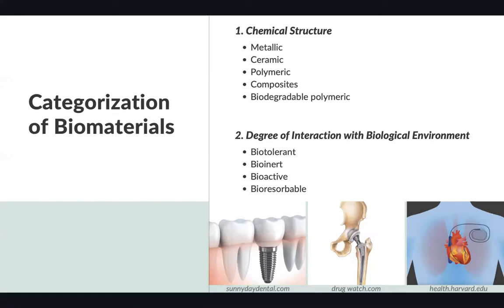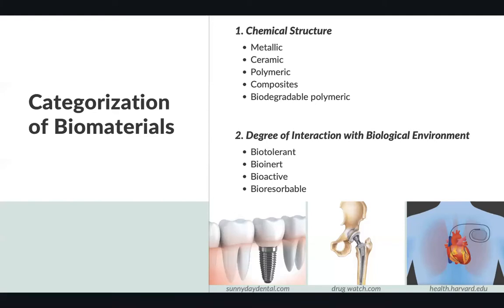Then we have the bioinert category, and these implants or biomaterials are in direct contact with bone and tissue. However, there's no chemical reaction between the two, and they're considered inert because there's no chemical reaction. Examples of these biomaterials are alumina, zirconia, titanium, as well as carbon.